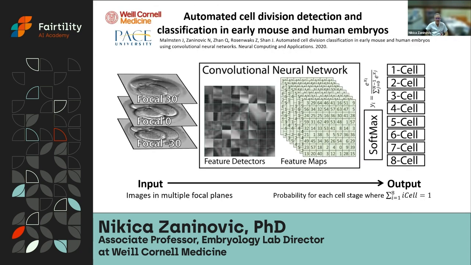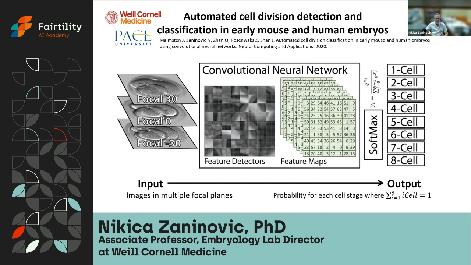The second problem is we're still doing a lot of manual work in the lab. If we have time-lapse systems, we still have to do annotations. We still have to say how many cells each of these embryos has. Well, we don't want to do that. We want to have computers tell us how many cells are in each embryo.